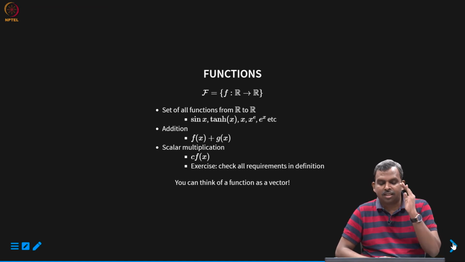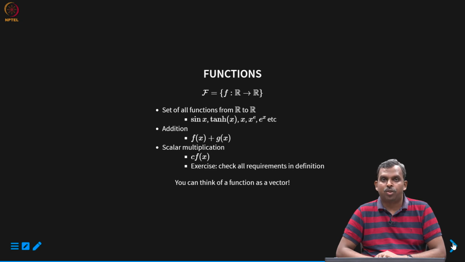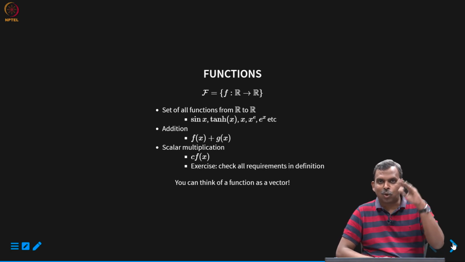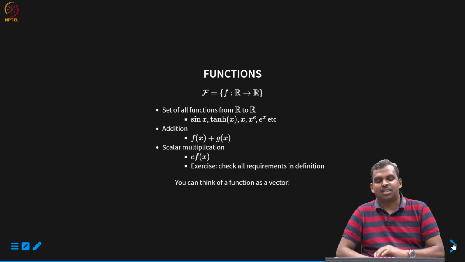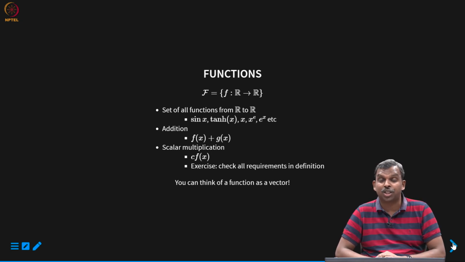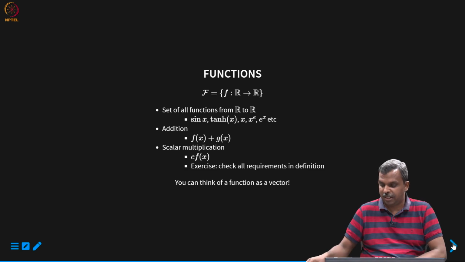You can go ahead and check that these definitions satisfy all the requirements in the definition of vector spaces. These are exercises for you. So, you can think of a function also as a vector. At the end of this lecture, you can go back to that little question I asked you, which of the following is a vector, and try to answer it, given that you now know the definition of a vector space and what makes a vector space.